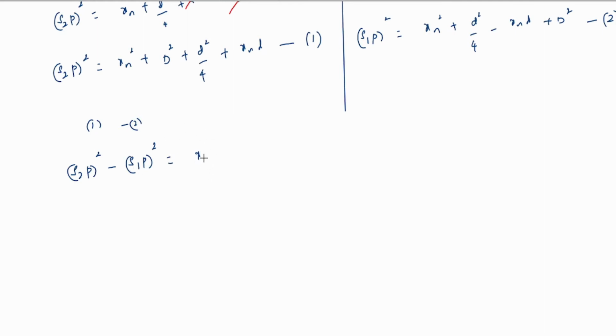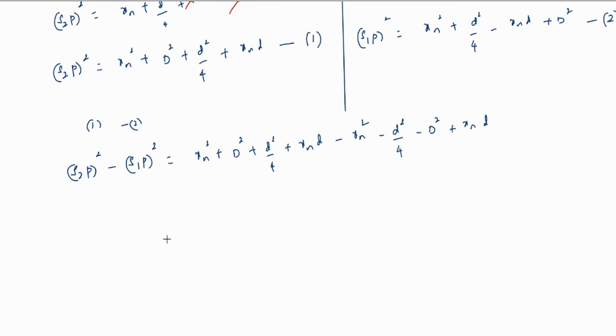The right hand side would be xn square plus d square plus small d square by 4 plus xn into d, the whole thing minus. So if you open the bracket, it becomes minus xn square minus d square by 4 minus capital D square. It becomes minus of minus this term, so plus of xn into d.